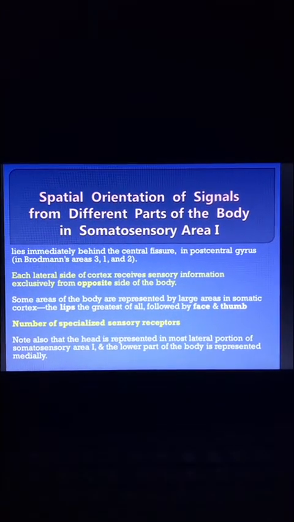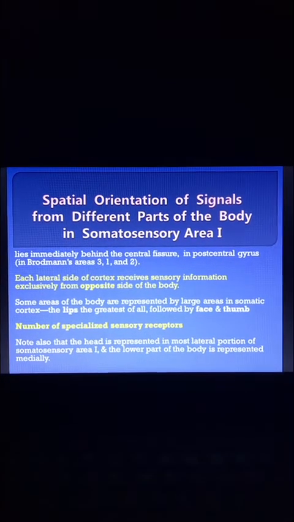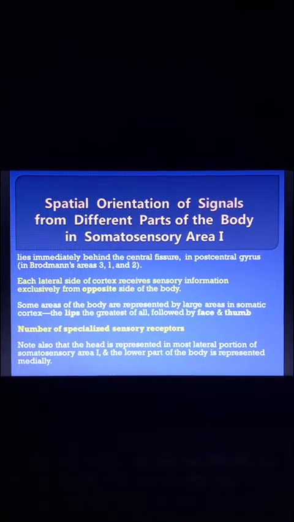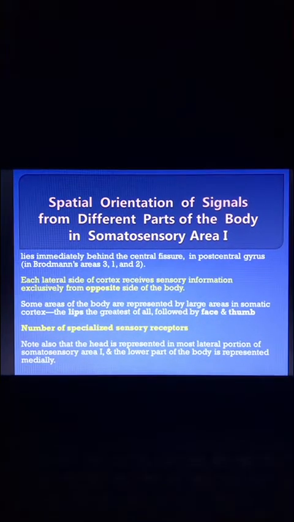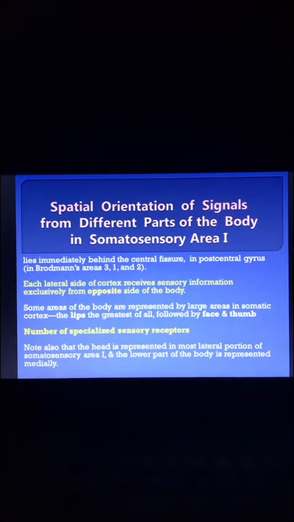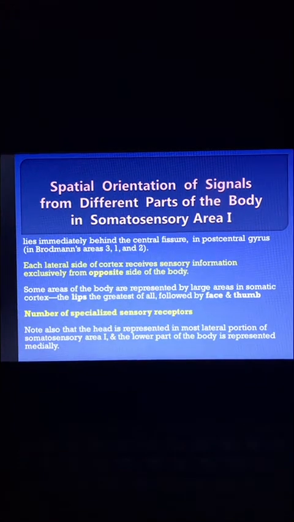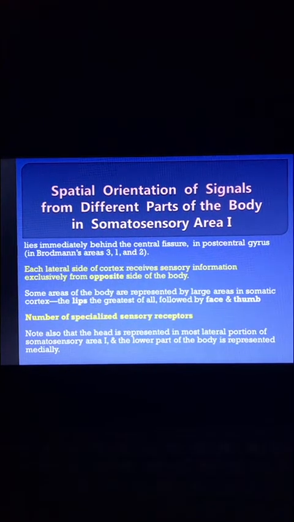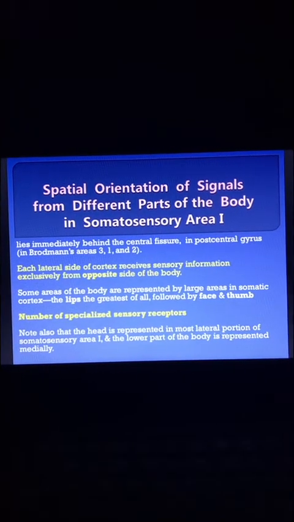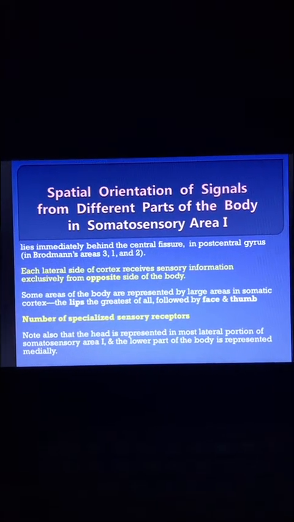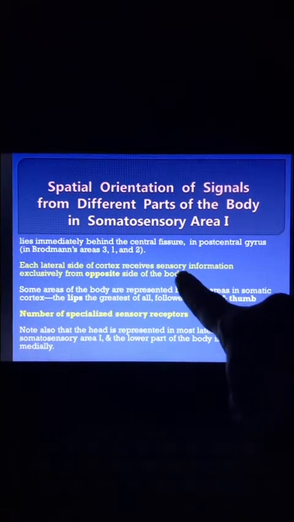The spatial orientation of signals from different parts of the body in somatosensory area 1: it lies immediately behind the central fissure in the postcentral gyrus, Brodmann's areas 3, 1, and 2. Each lateral side of the cortex receives sensory information exclusively from the opposite side of the body. This is very important to keep in mind.